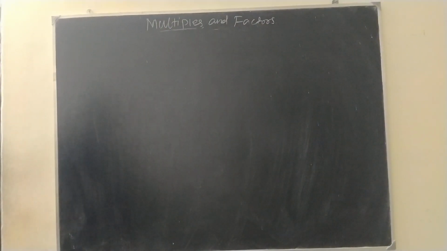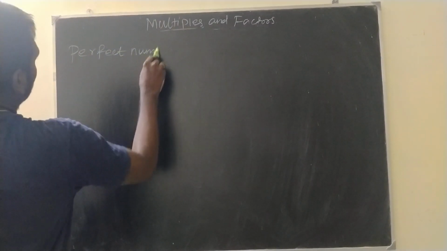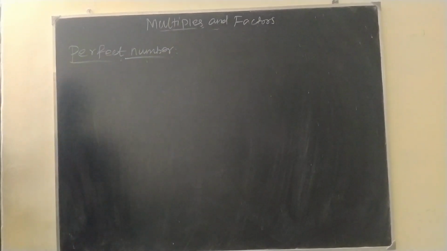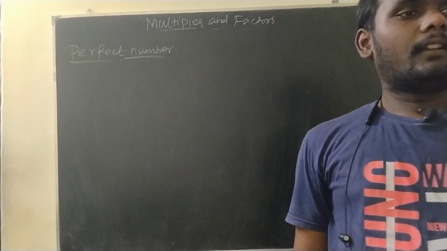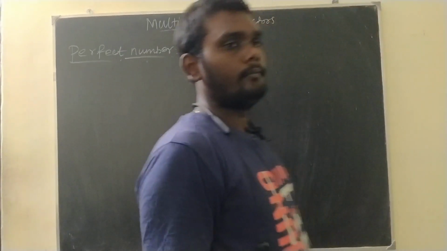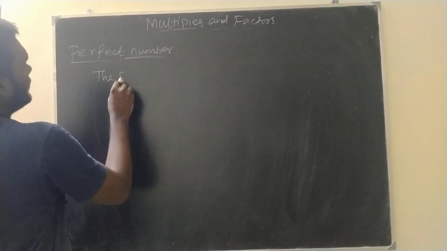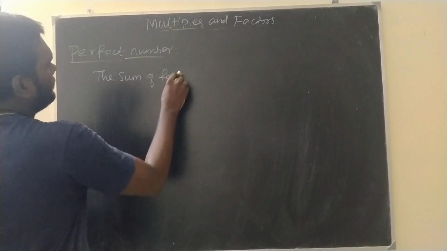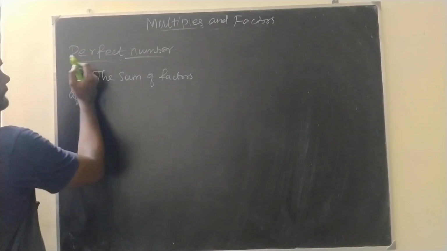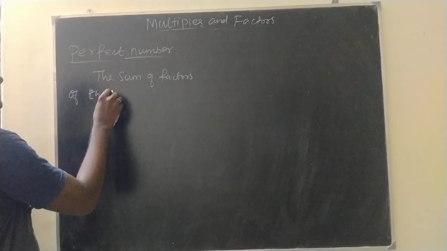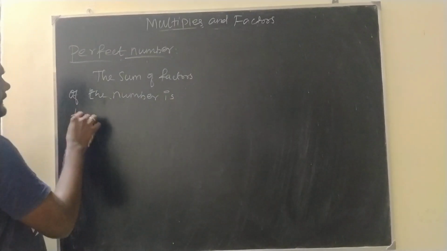Perfect number. Perfect number means we list out all the factors of the given number, and the sum of the factors of the number is twice the given number.